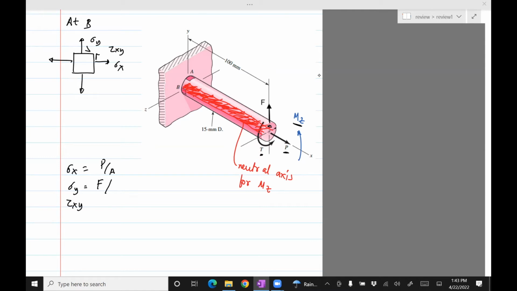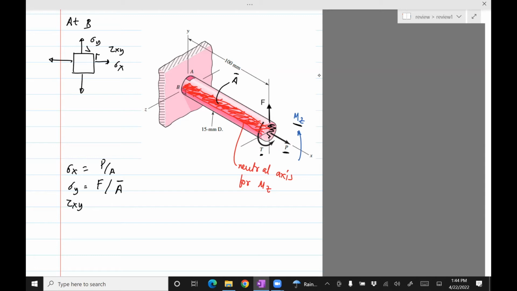So that force will cause a stress, but that force divided by the cross-sectional area will give you the stress. Just like P gives a stress in the X direction due to this cross-section area, F will give a stress due to the fact that it is acting over the entirety of the cylinder. If you think of this as A prime, which is the cross-section area, it will be F divided by A prime, right?